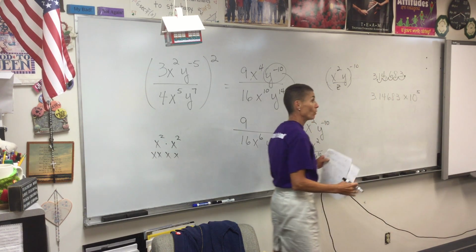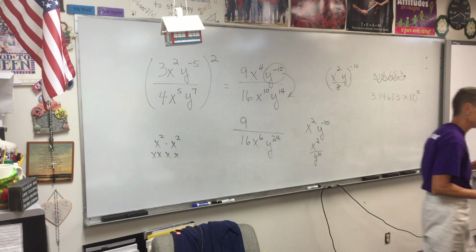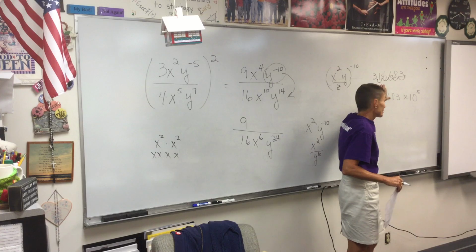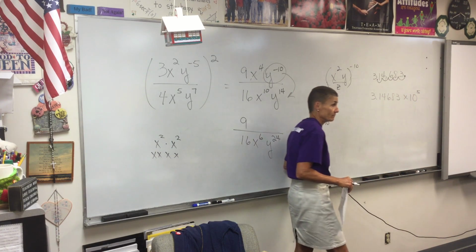Now, Mrs. Ford does not know what the rules are about moving left and right and positives and negatives on those exponents. All I know is that if it's a big number, the exponent will be positive, and if it's a little number, the exponent will be negative. This is a big number, so its exponent is going to be positive 5.